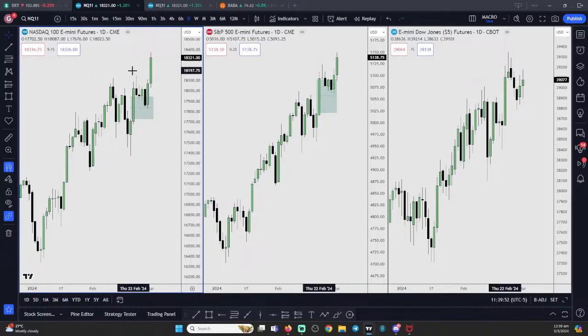Alright, took quite a while, but we have this closing price, this candle closing within this BC, and then the next candle, naturally we would anticipate it to close away above this BC.